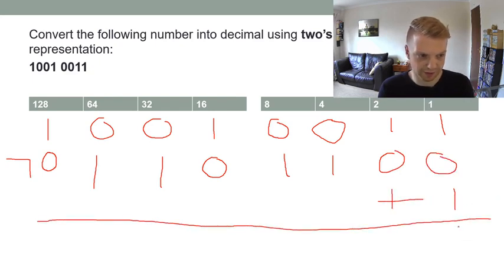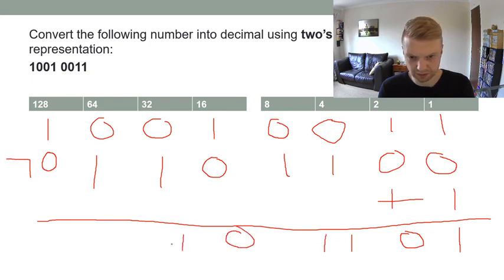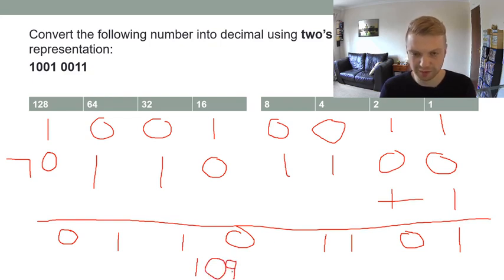So this becomes, I don't think I've left myself enough space, great. And then it's just exactly the same. Now you add them up as you did before. So we've got 64 plus 32, that's 96, plus 8, that's 104, plus 4, that's 108, plus 1, that's 109. But remember, the bit that's going to lose you the mark if you don't remember it: you look at what it was originally.